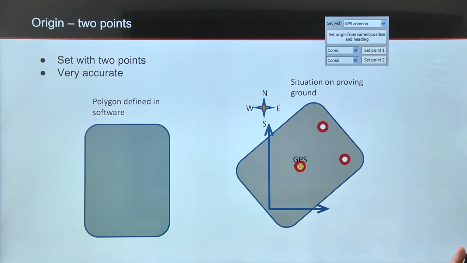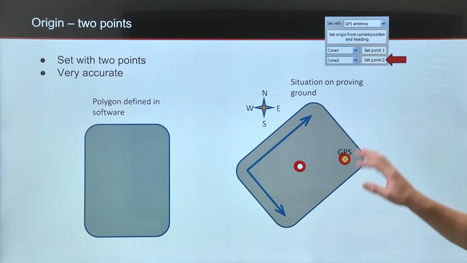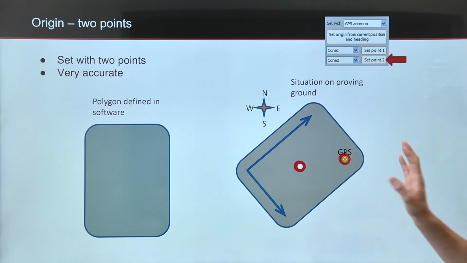So now we have to still take care of the orientation. So we go with the antenna over the second cone, we click set point 2, and the orientation will be corrected automatically. So with the 2 points, if they are maybe just even a few meters apart, we will get a very accurate origin setup.